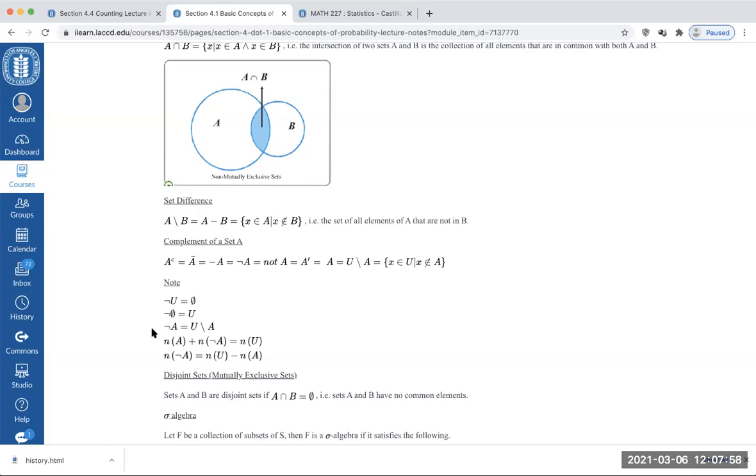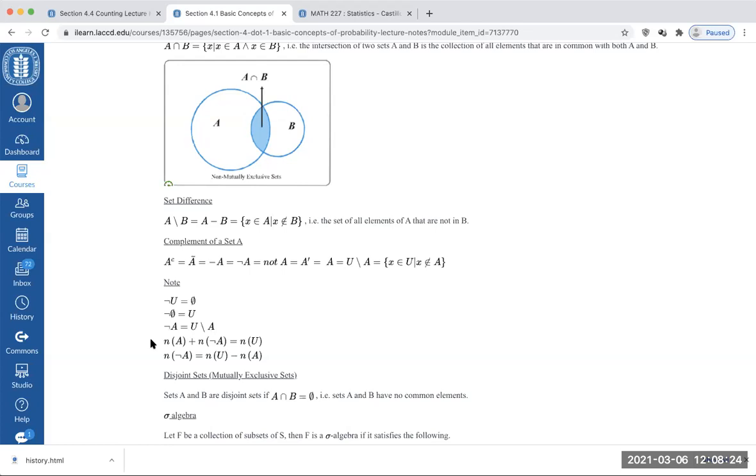Everything that is not in A is the universe without A. The cardinality of A plus the cardinality of not A is the cardinality of the universe. So the cardinality of not A is the cardinality of the universe minus the cardinality of A.